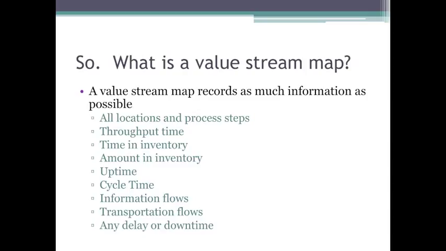So what goes on this value stream map? Like I said, a value stream map is a lot like a process map, only it has a lot more information. It has all the locations, all the process steps, the flow time, throughput, the flow time through each step, time and inventory, how long it stays in a particular part of inventory, the amount that's in inventory in this place, the amount that's actually worked on, things like cycle time, any delays.